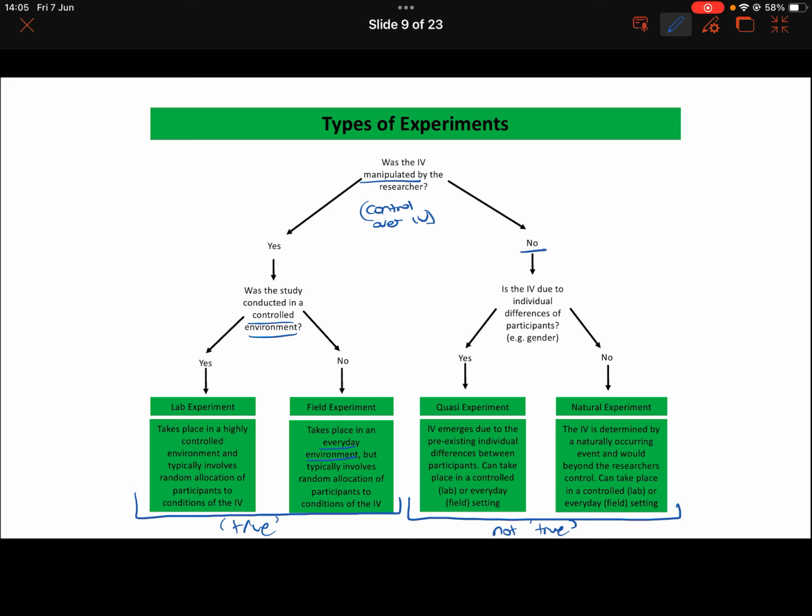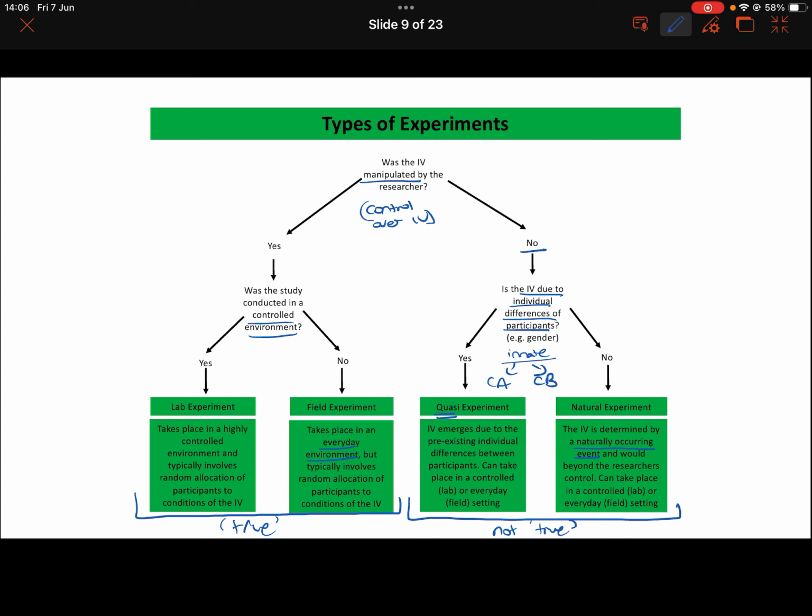So now the question we need to ask ourselves is, was the IV due to the individual differences between participants? Are we looking at some innate feature that determines who is in condition A and who is in condition B? If we're looking at some sort of innate individual differences, then we're looking at a quasi experiment. If not, if we're looking at a naturally occurring sort of external event, then we're looking at a natural experiment.